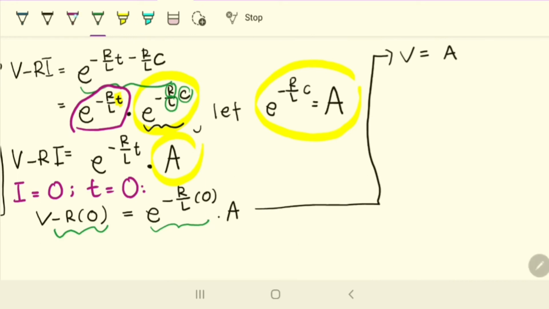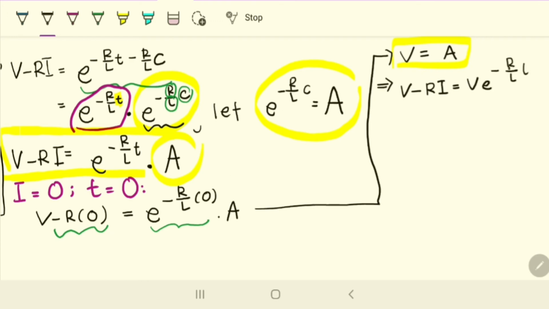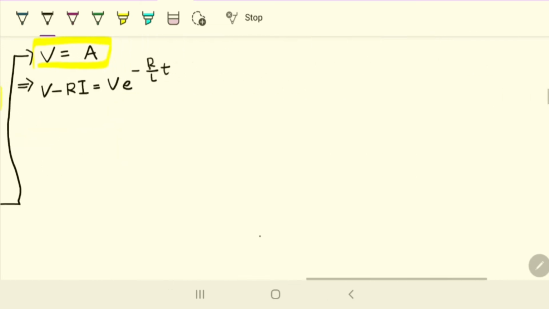Hence, we can substitute V equals to A inside here. So what we will have will be V minus Ri equals to V E negative R over L T. I hope you understand, I just write V in front. Let me rearrange.